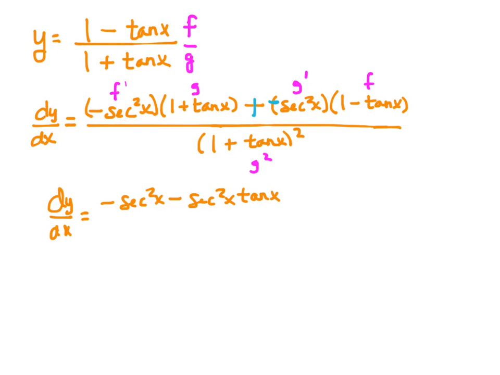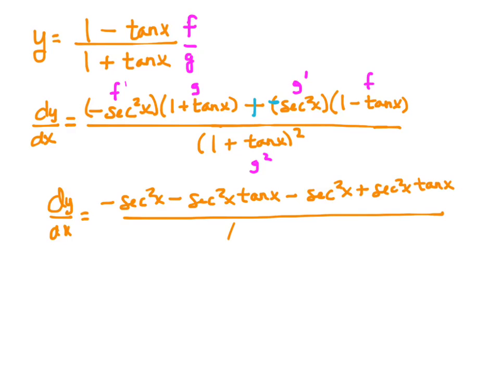So negative secant squared times 1 is negative secant squared x, and then we get plus secant squared x tangent x. And this is all over 1 plus tangent x squared.